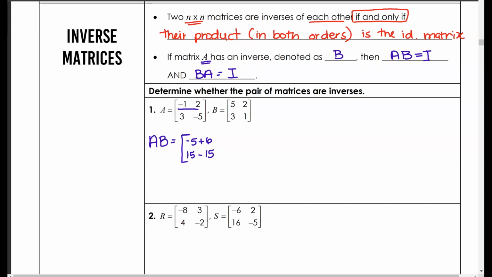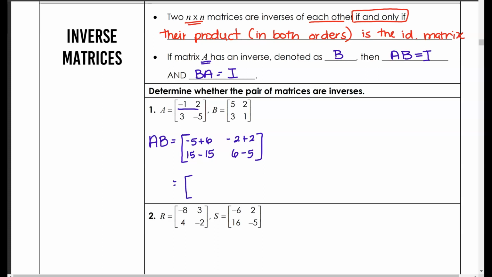Now we're going to do the top row times the second column here. So negative 1 times 2 gives me negative 2. 2 times 1 gives me 2. And then lastly, we get 3 times 2, which is 6, and negative 5 times 1, which is 5.